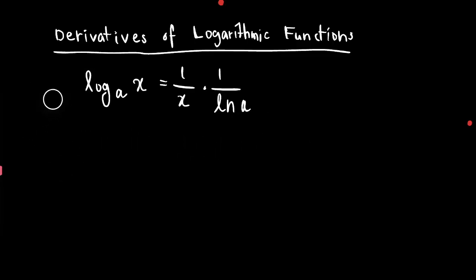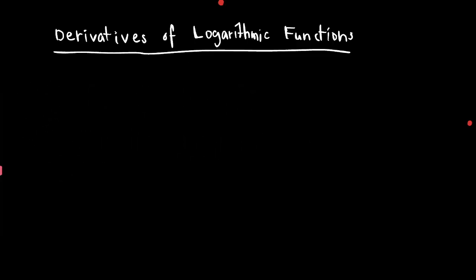So then let's look at an example where we get to use these derivatives of logarithmic functions. So if we're told that we have a function log base 3 of x minus 7 ln of x. What is the derivative here?